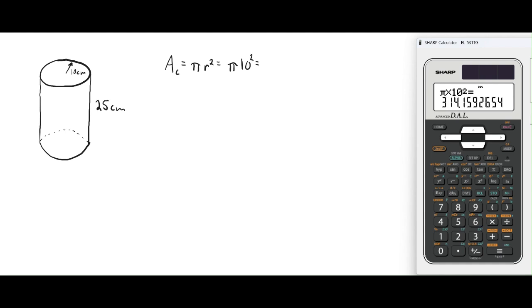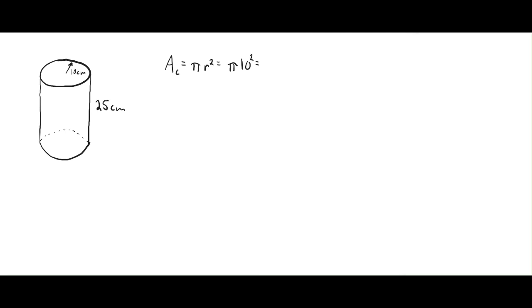Let's just write down 314 centimeters squared. Sometimes you're given units on these math problems, sometimes they just give you numbers. We'll have units in our example for this video. Okay, so that's the area of one of the circles. Remember, you've got two, so in the end we'll have to multiply that number by 2 to get the area for the top and the bottom.